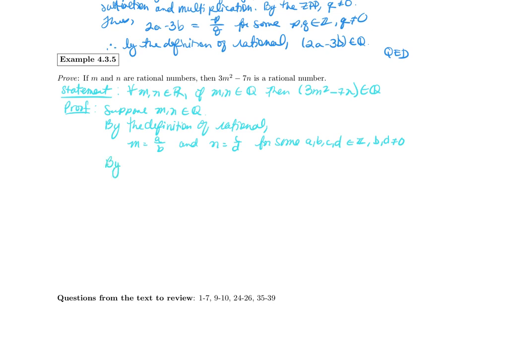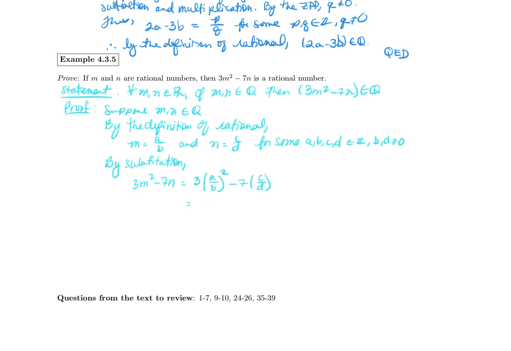So now we move into showing that the conclusion is being compelled by these definitions. So by substitution, we have 3m squared minus 7n. And now we need to substitute in what m and n are. So we have 3 times a divided by b, the whole thing squared, minus 7 times c over d. So when we have a square on the outside of a fraction, we distribute the square to both terms.